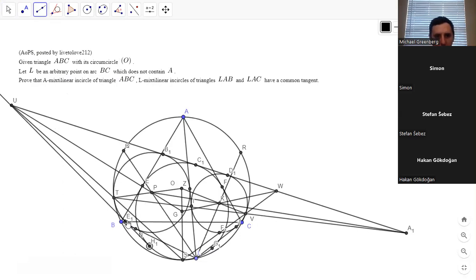H1, E1, and U are going to be collinear. Also, maybe drawing the insimilar center would help. So anything special I can say?